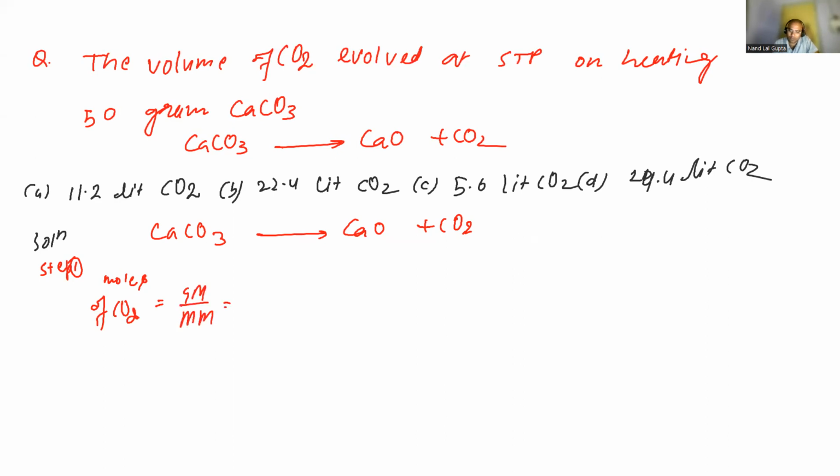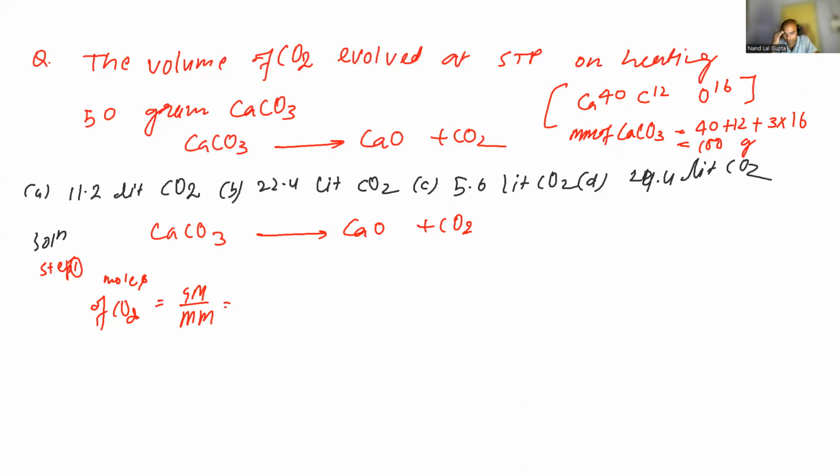Calcium is 40, carbon is 12, oxygen is 16. Can you calculate the molar mass of CaCO3? So 40 plus 12 is 52, plus 48, which is 100.